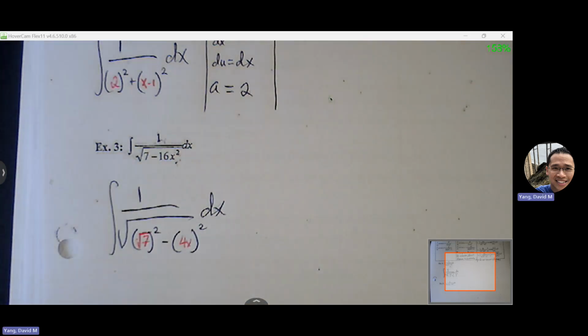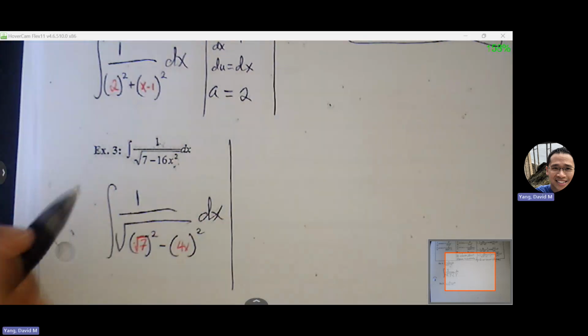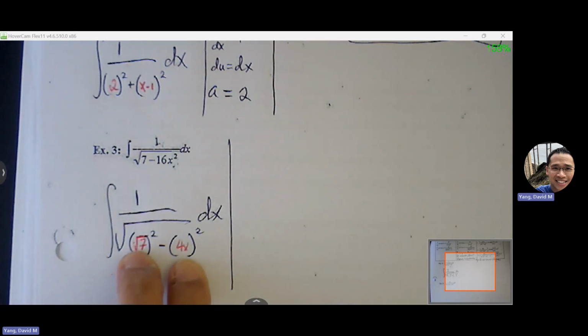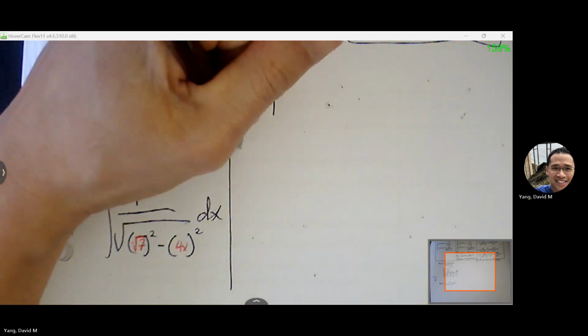Okay. And again, the benefit of doing this is so that we're not accidentally picking the incorrect a and u value. Now that we have them inside the parentheses, it's a lot more clear that my a value is the root 7, and then my u value is the 4x.